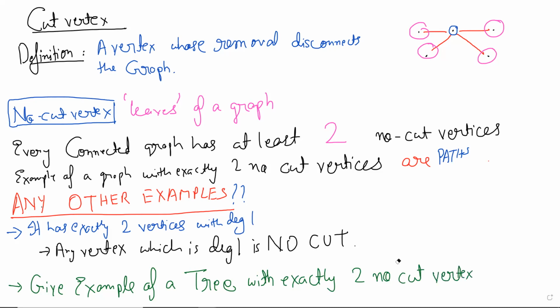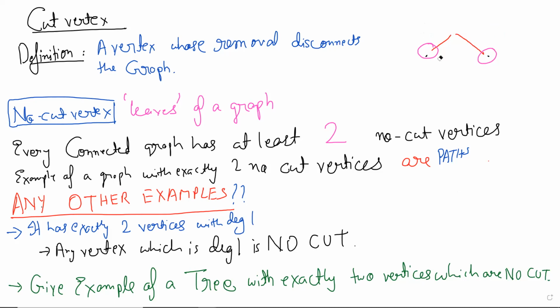I'll write it like this: two vertices which are no cut. Trees we have seen a lot. So you think based on your intuition.